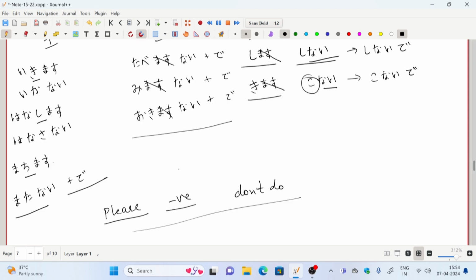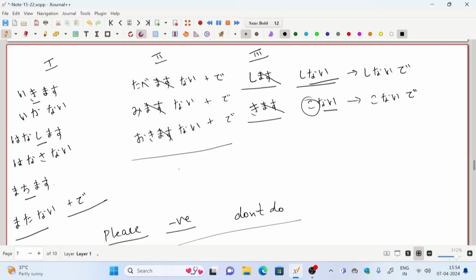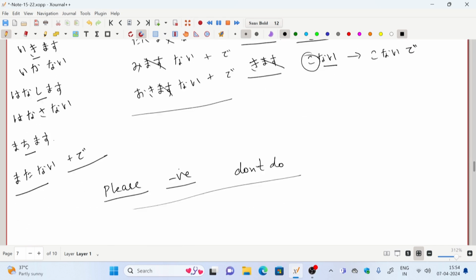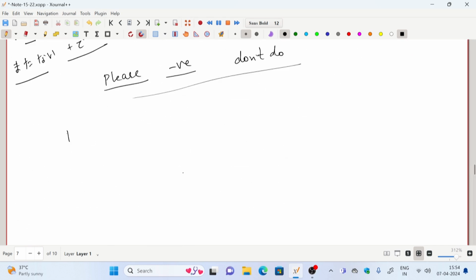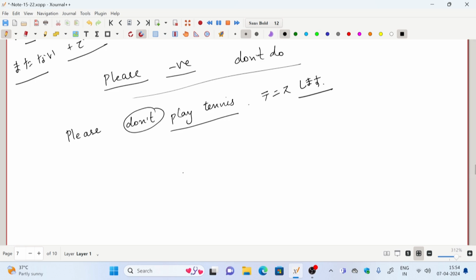So if we say please don't play tennis, okay, how will we say it? To play tennis is tenisu, and we use shimasu with the name of the game. So shimasu here, because of don't, first we will change into shinai.